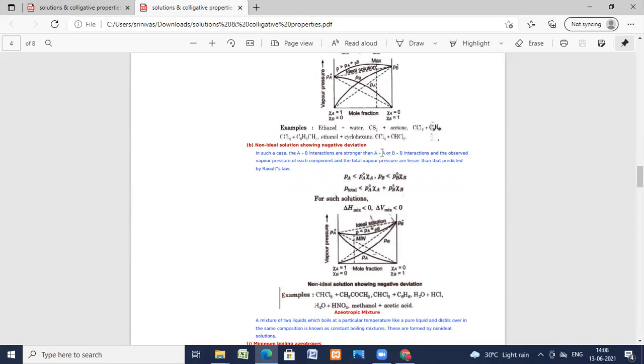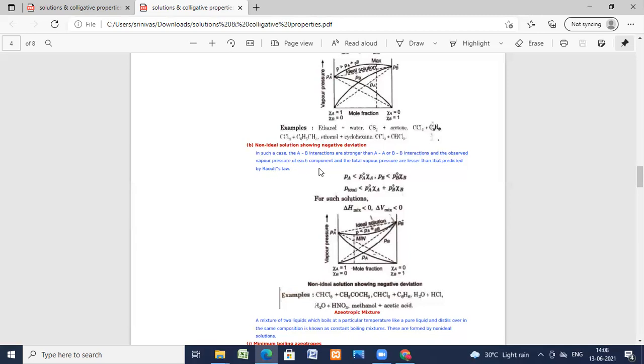So the solvent is AA, the solute is BB, and what is formed next is AB. If the solution attractions formed are very strong compared to the solvent and solute individually, then finally you get AB interactions. So the formed AB interactions are stronger compared to AA and BB.